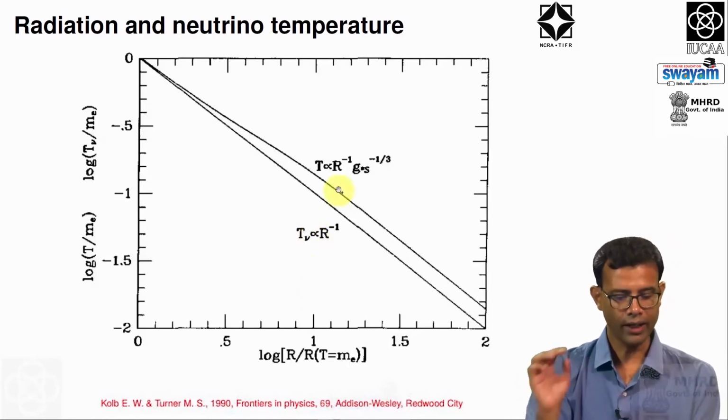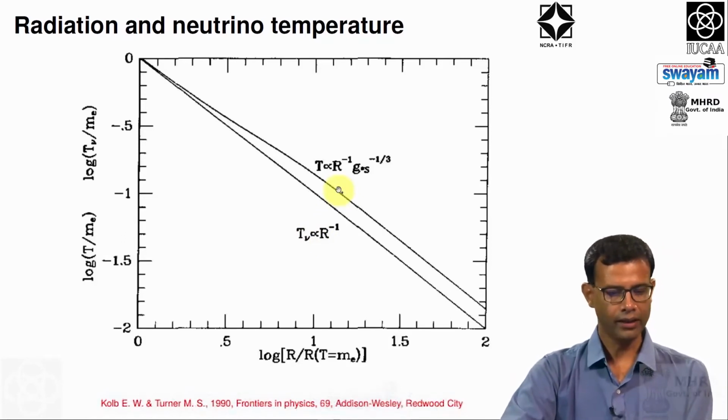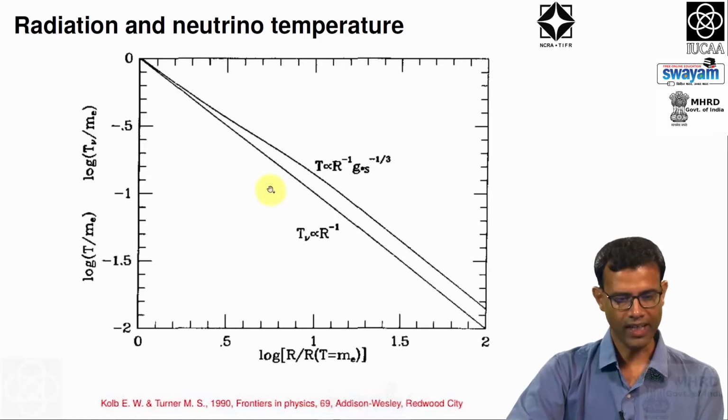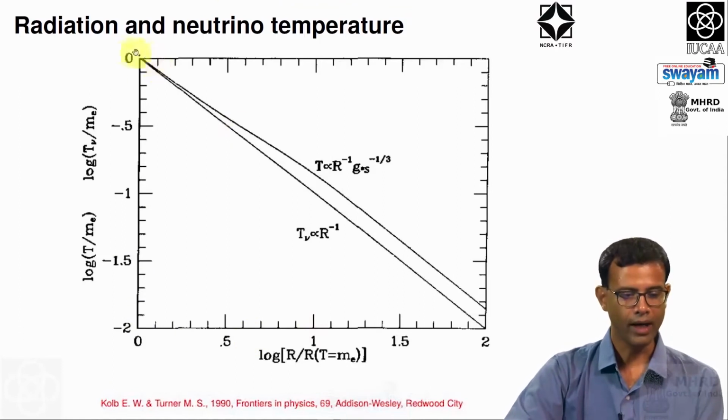What is plotted here is the evolution of the neutrino and radiation temperature. As we said, at some point the neutrinos decouple. The radiation and the neutrino temperatures are equal, both falling as 1 by A, at early times. Remember, the x axis is the scale factor plotted in some units, and the y axis is the log of temperature. At early times, both neutrinos and photons have the same temperature.